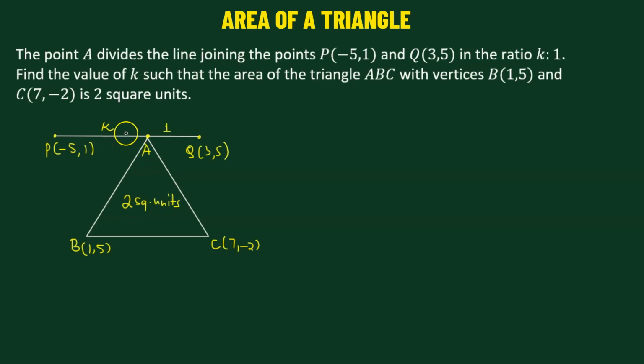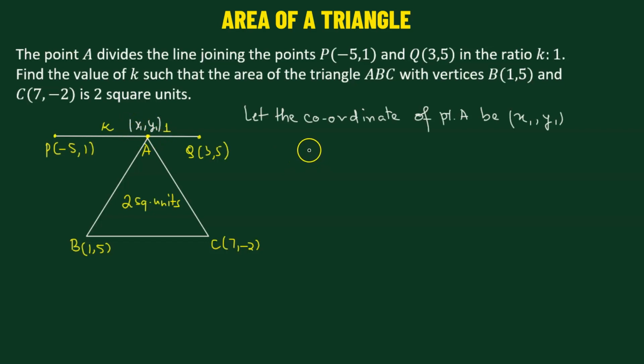Fine. How do we do that? Here we'll be using something known as the section formula. By using the section formula, we can define the coordinate of A. Let the coordinate of A be denoted by x1, y1. Using the section formula, we can find x1.